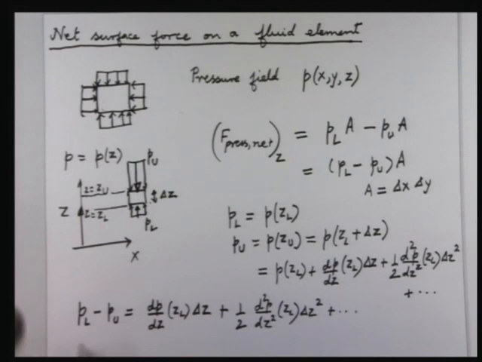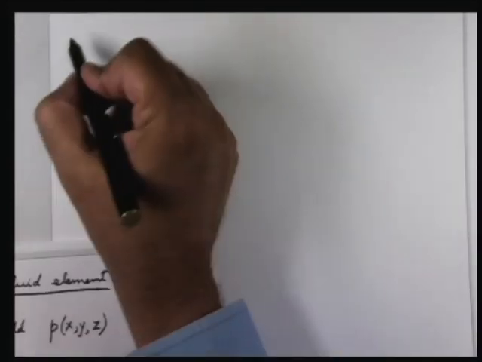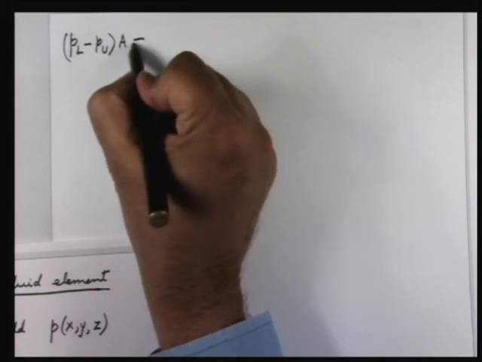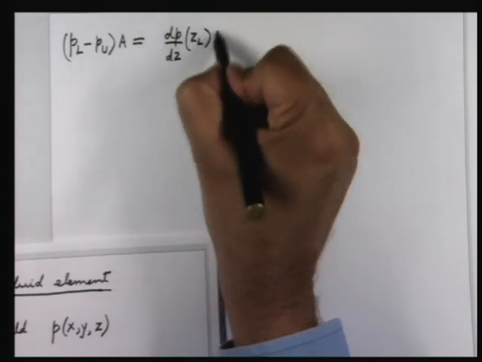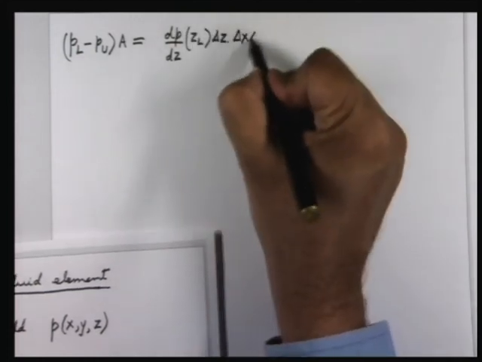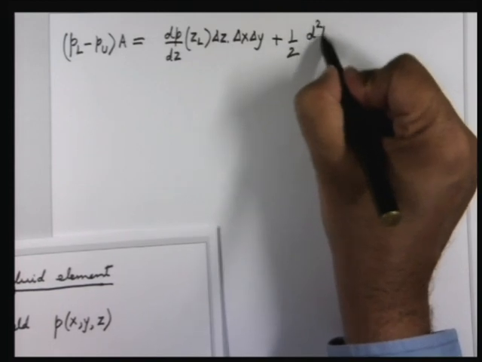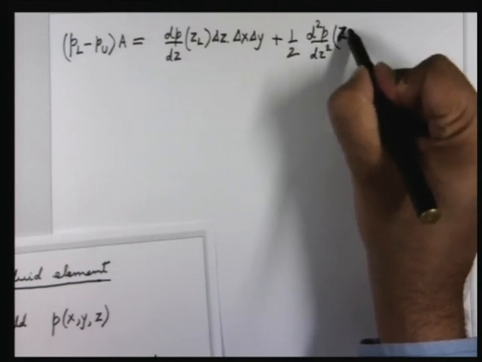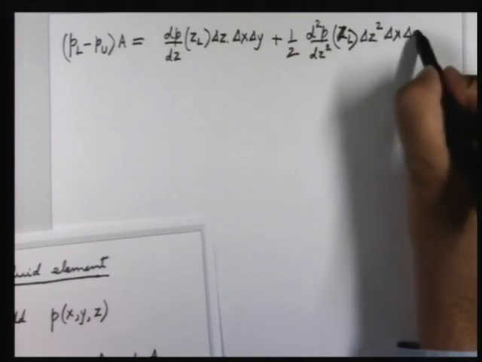So PL minus PU into the area will be dP/dZ evaluated at ZL into delta Z into delta X delta Y, which is the area, plus half d2P/dZ squared, of course evaluated at ZL, into delta Z squared into delta X delta Y plus higher order terms.